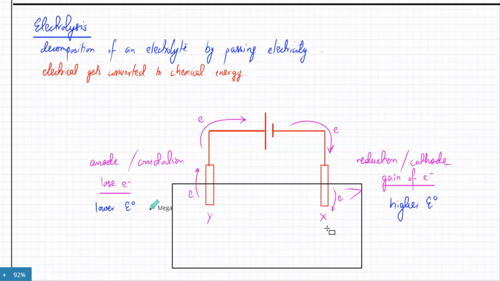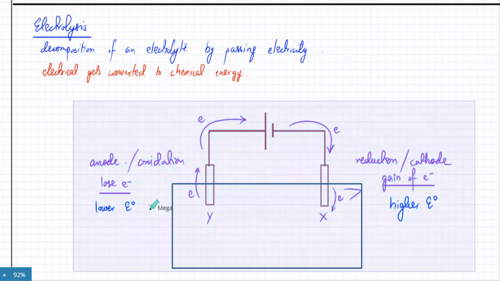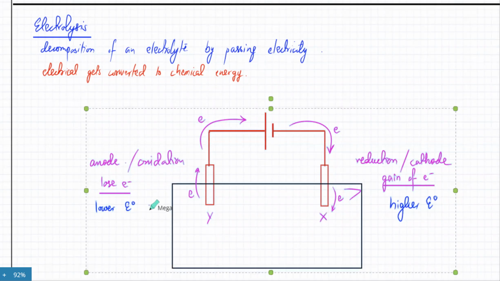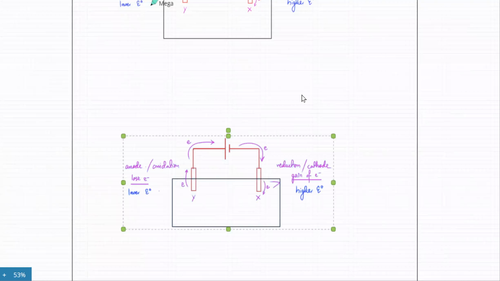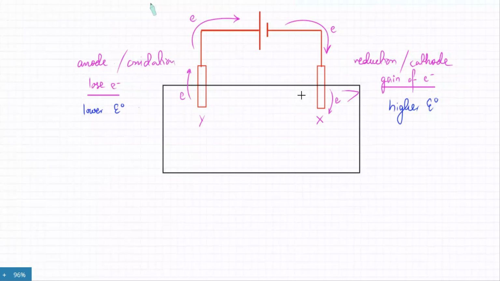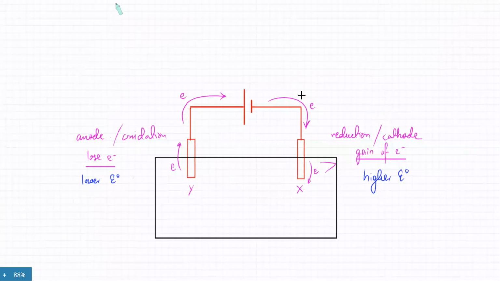So I'm going to do an example of an electrolysis first. I'll just copy the same diagram over and over again. So let's copy this, and I'm going to put in an actual electrolyte, and we're going to do an electrolysis for that. So here's my electrolysis, and instead of the X and Y, my solution contains, let's say, NaCl aqueous.